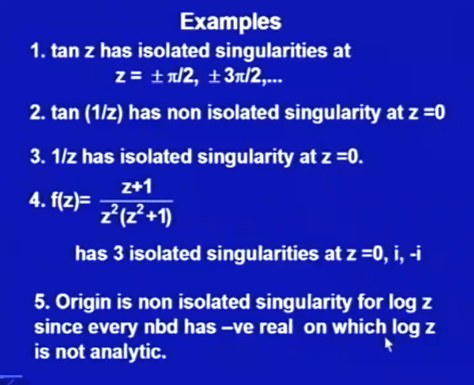So, log z is not analytic over there. Since every neighborhood of the origin will contain some negative reals for which log z is not analytic, the origin is a non-isolated singularity. That is, every neighborhood of 0 will contain some points at which log z is not analytic. This isolated singularity has some importance, we would find out a little later.